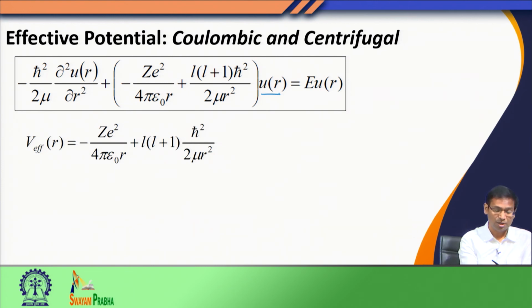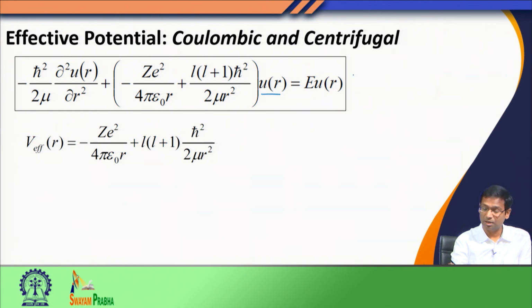How is it so? If you see, this term is simply minus h bar squared by 2 mu into d square by dr square on a function u. This is a kinetic energy operator, and here there is some potential energy terms, and then on the right hand side you have E dot u.